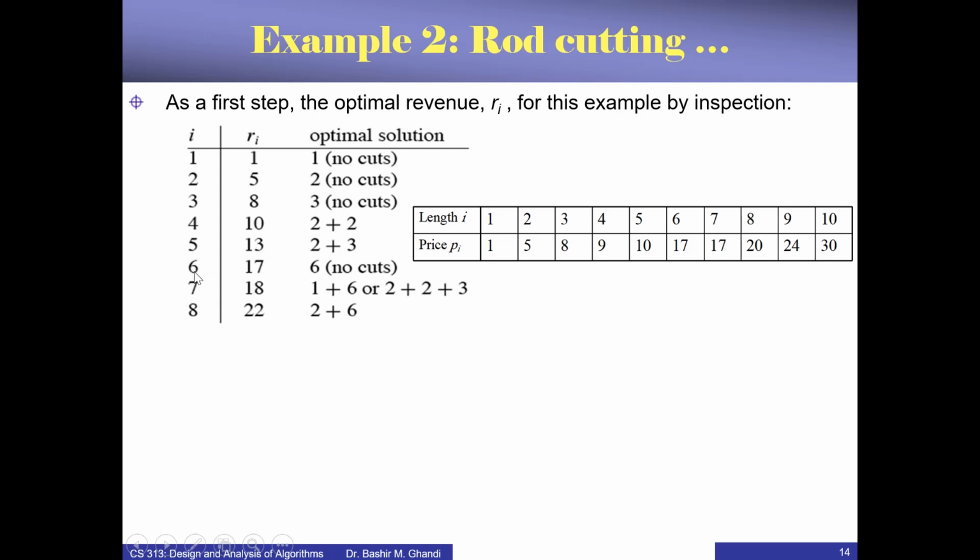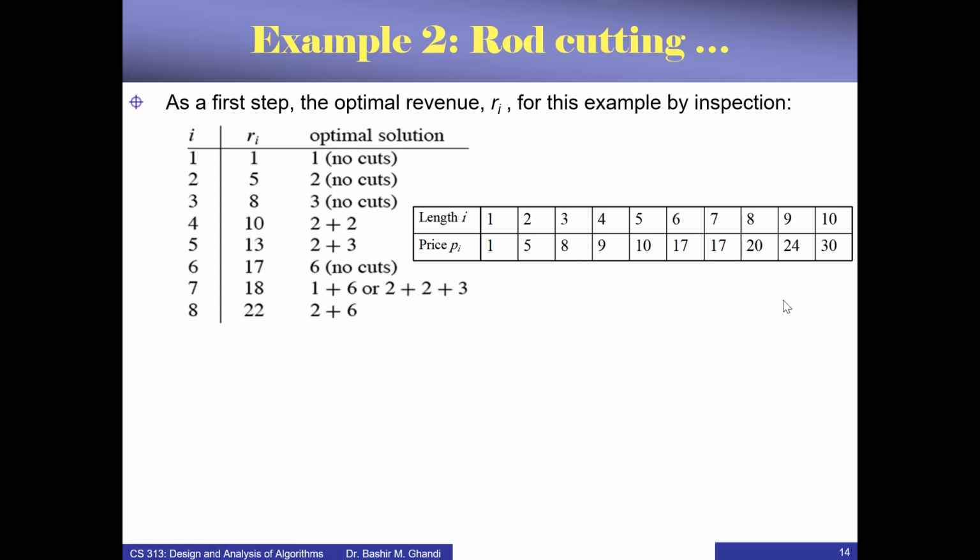But for length 6, it's better not to cut it. This 17 is the maximum you're going to get, and so on and so forth. So you can do an inspection and see how you can arrive at the optimal solution.